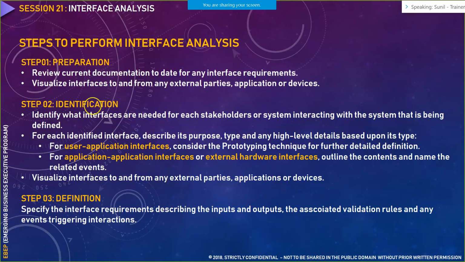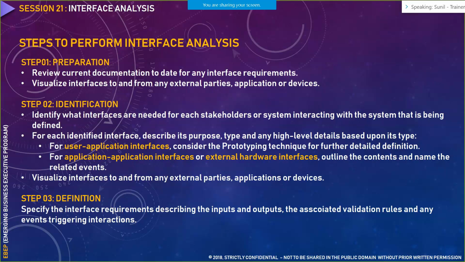Now, after we have identified and prepared all this, we need to define. Here we need to specify the interface requirements describing the inputs and outputs. Whenever you do interface analysis, we tend to define heavily the inputs and outputs, the associated rules, and any events triggering these interactions.